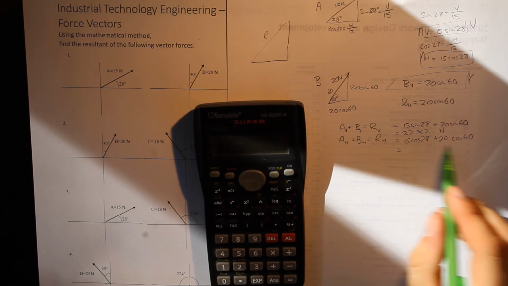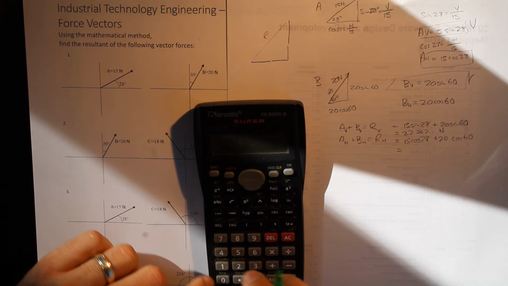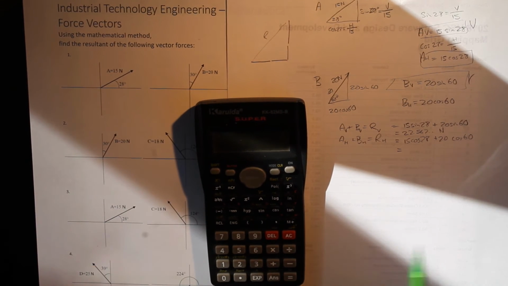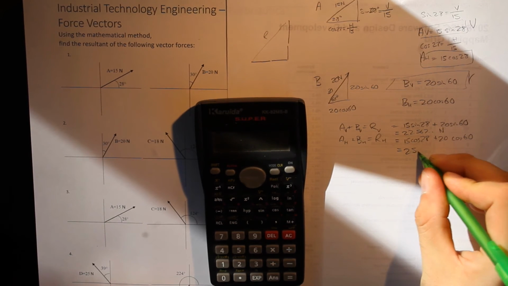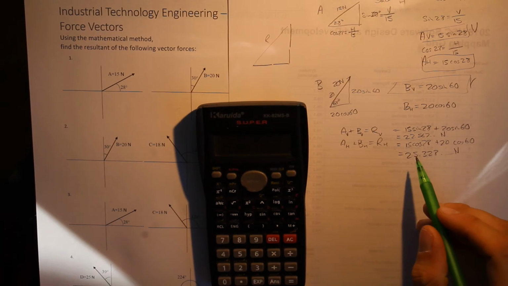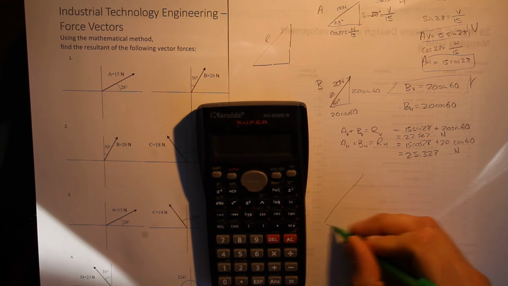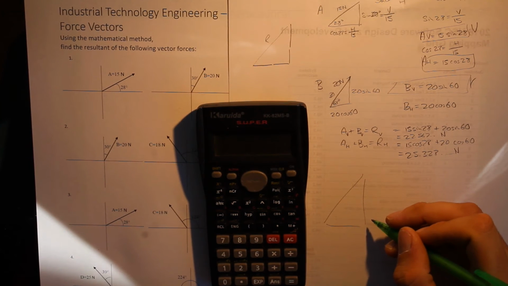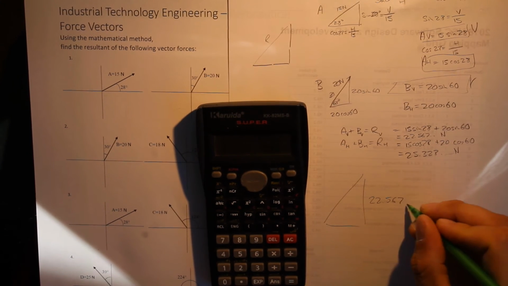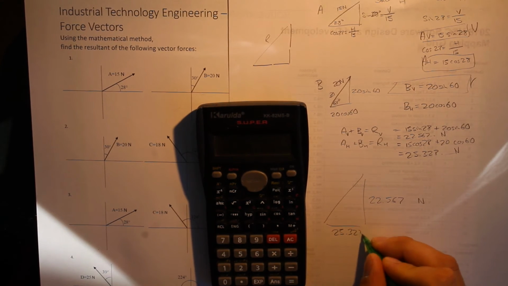If I evaluate this one, I've got 15 cosine 28 plus 20 cosine 60, and that gives me 25.328, etc. newtons. So what I've got is my two components. I've got my horizontal and my vertical component of this vector. My vertical has been given as 22.567, etc. newtons. My horizontal as 25.328, etc.